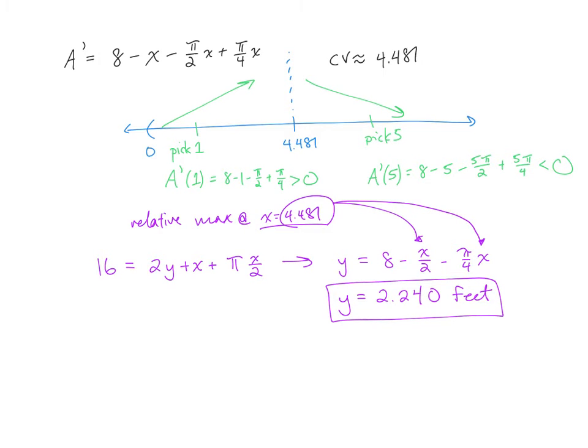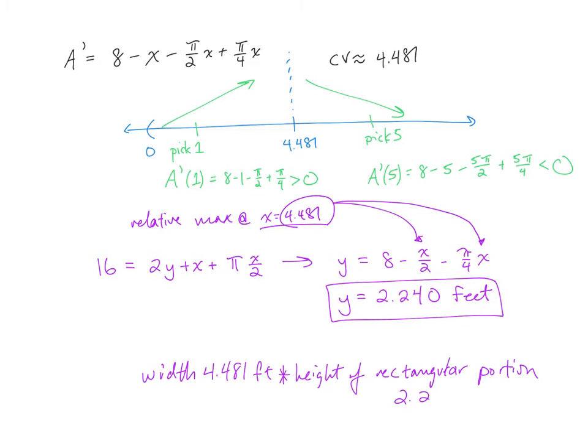So the dimensions all in one place would be, we would want the width to be 4.481 feet and the height of the rectangular portion to be 2.240 feet.